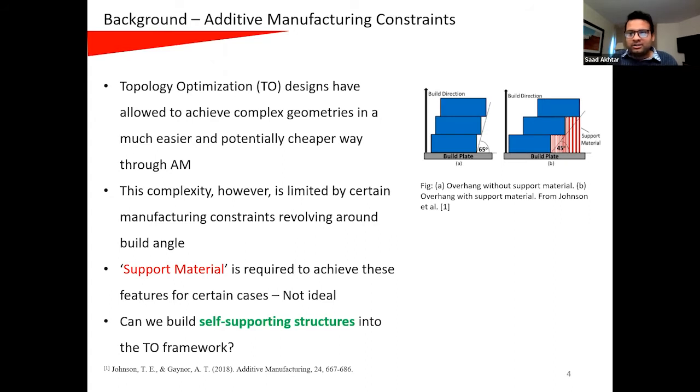But for the technology we were considering, laser powder bed fusion, support material was not really ideal because it significantly increases the post-processing cost, and it's also harder to do for LPBF. So the bigger question we were asking ourselves at the beginning of the project was: can we build self-supporting structures within the topology optimization framework? Can we build a framework which optimizes the topology while also considering the manufacturability constraint?